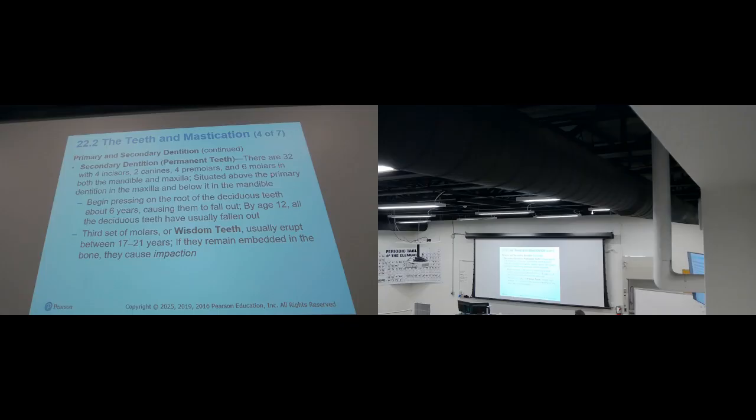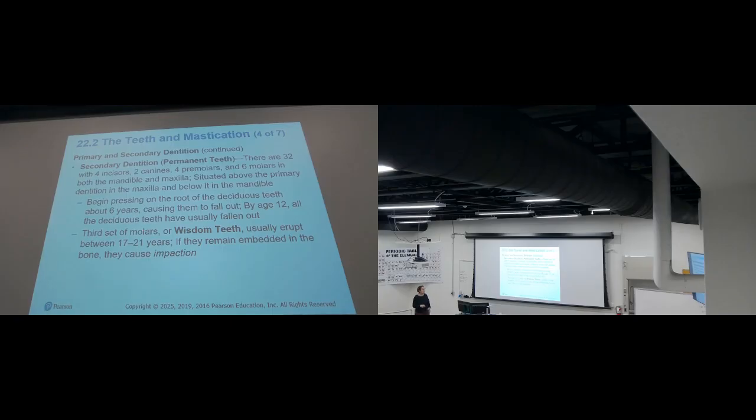So for secondary dentition, we have 4 incisors, 2 canines, 4 premolars, and then we have 6 molars, if you have them all complete. I mean, they don't always erupt, but they will be there, the tertiary or the wisdom teeth. And then they start erupting about age 6, and by age 12, all the deciduous teeth have fallen out, and then you start replacing them.